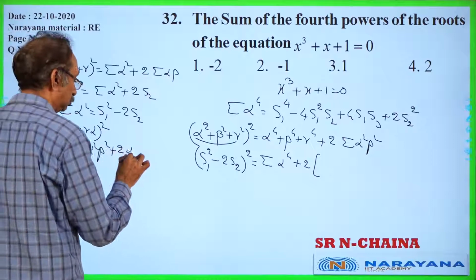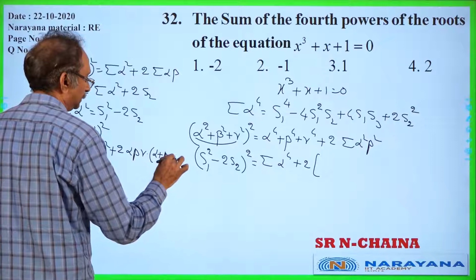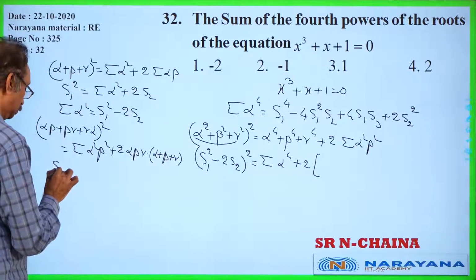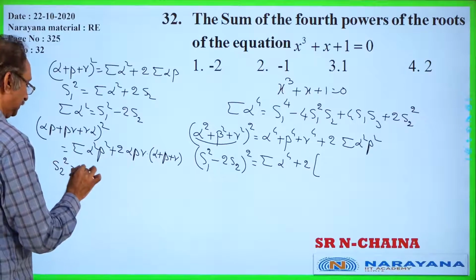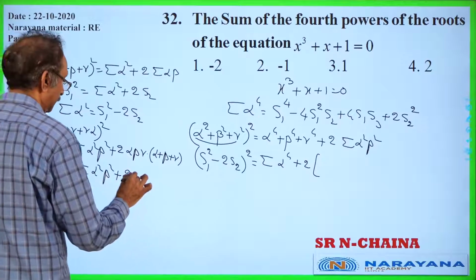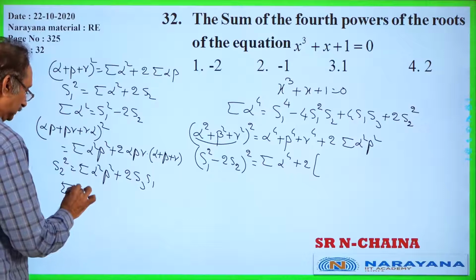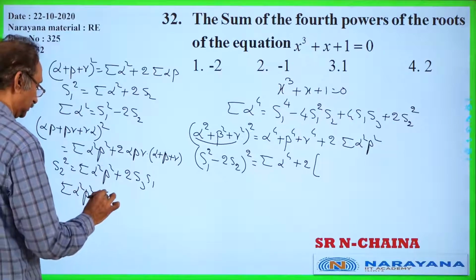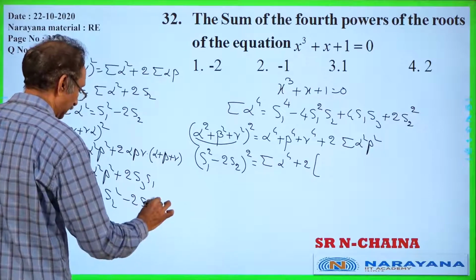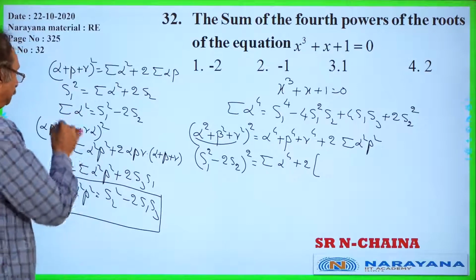So you can take 2 alpha beta gamma common into alpha plus beta plus gamma. And see this one, S2 square is equal to sigma alpha square beta square plus 2 S3 S1, and therefore sigma alpha square beta square is equal to S2 square minus 2 S1 S3. So this is another result.